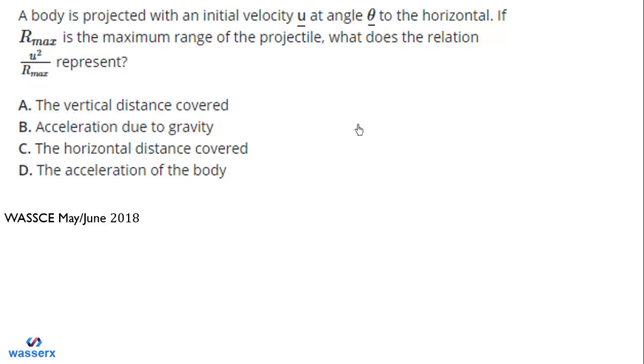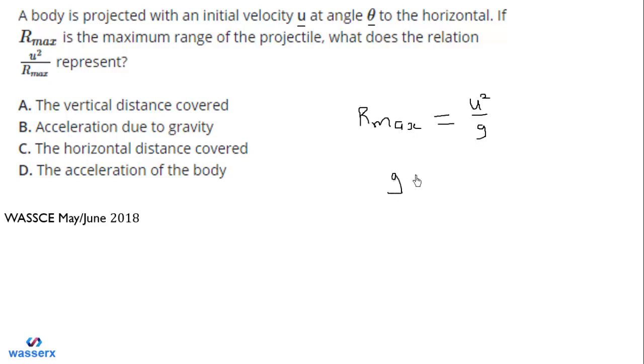So we know that from the relation that we saw, R max is equal to u squared over g. So to get u squared over R max, we swap the g and the R max.